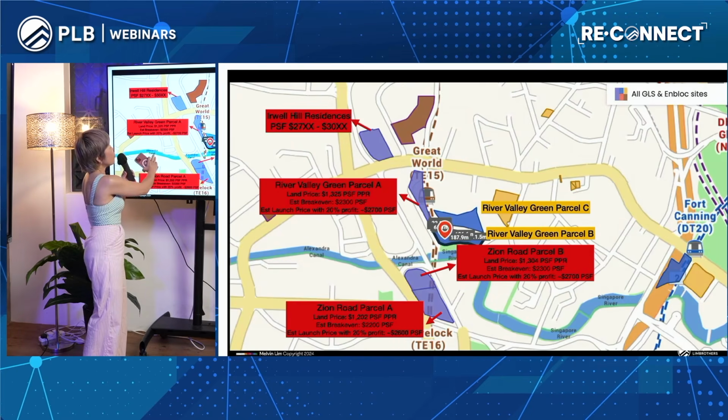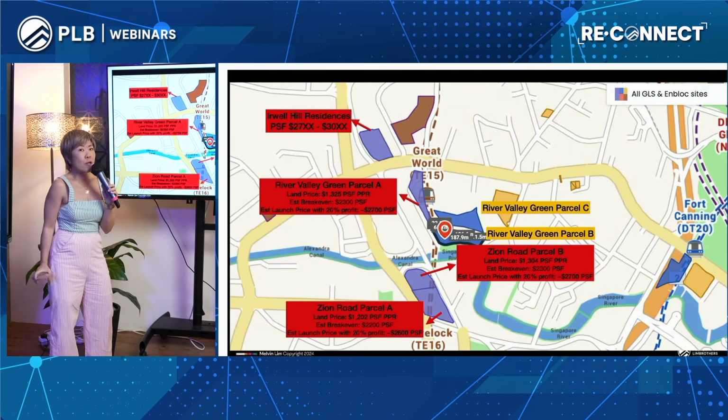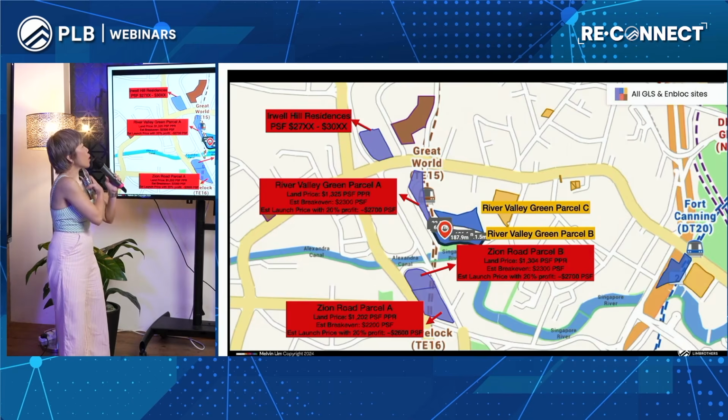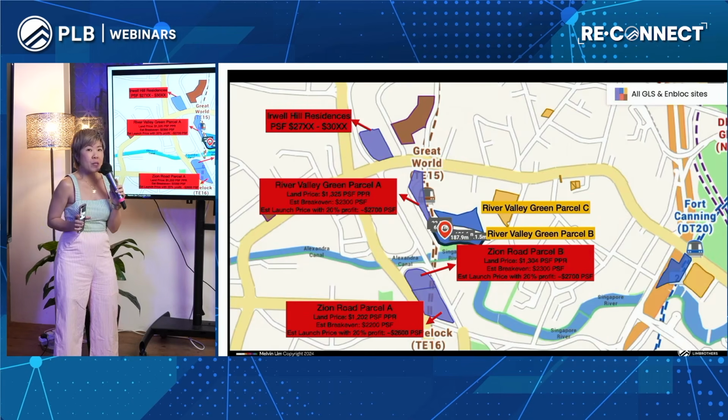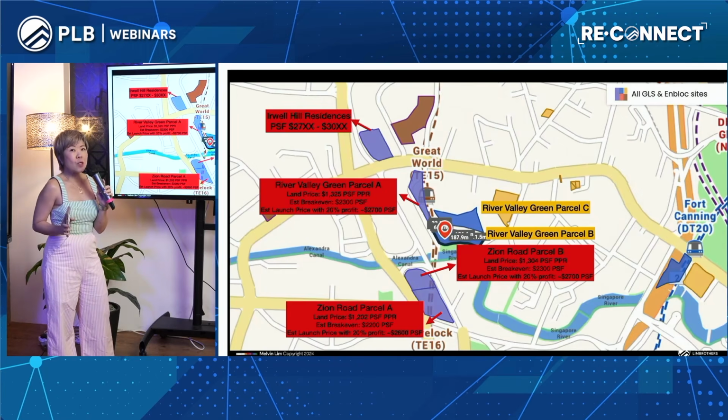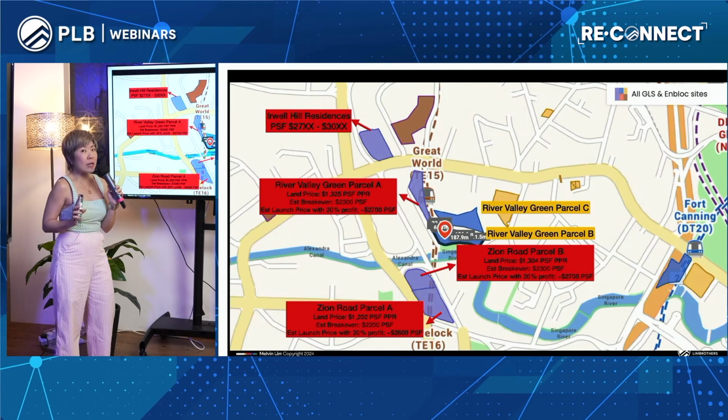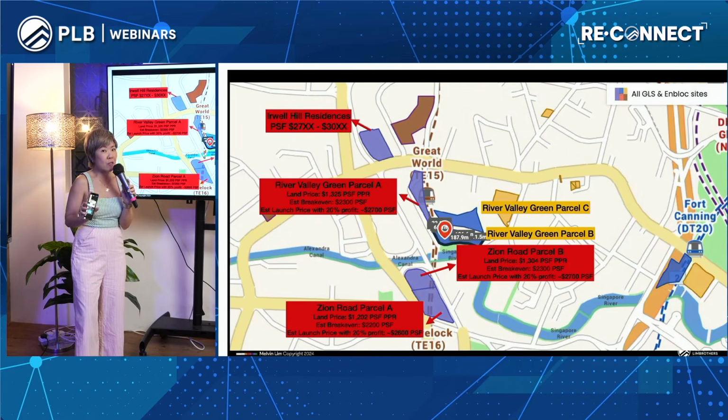The developer got the land at 1,325 PSF PPR, which gives their break-even price at 2,300 PSF. Based on the 20% profit margin, they are able to launch it at 2007, which is actually a good price to look at in the CCR area for a full 99 years new condo.